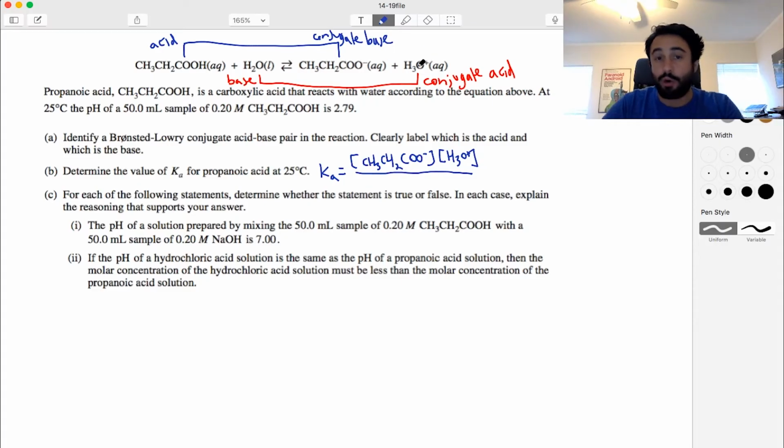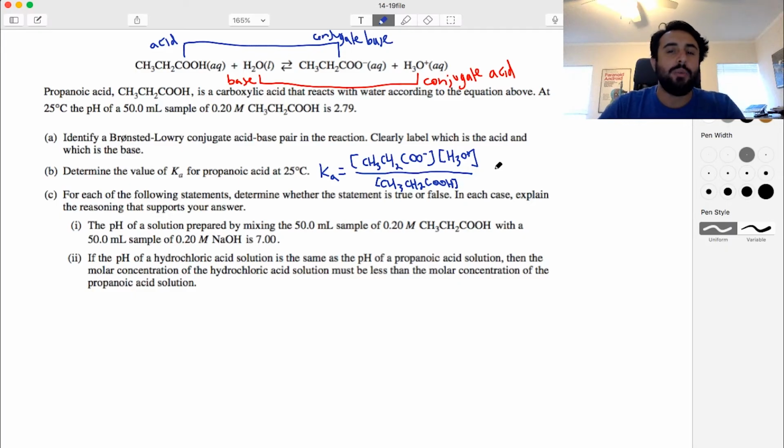And there's no coefficients, so we don't need any exponents there. And then on the bottom we have the reactant, the acid, CH3CH2COOH. So we first obviously have to be able to write a Ka expression. This is like any other equilibrium expression. Products over reactants, and if there were coefficients here, those would become exponents there.